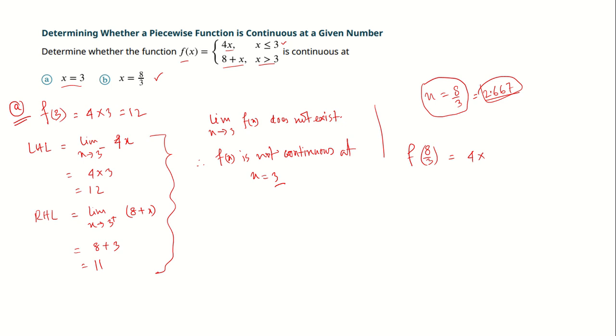We have to consider the first function for the functional value. 4 times 8 by 3, you can keep it in fraction, that is 32 over 3, right?